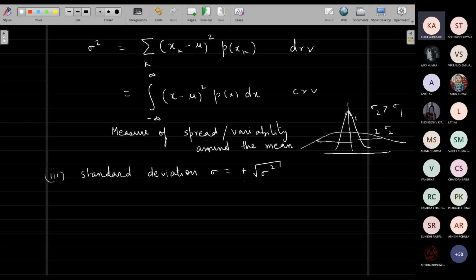So this is a rather simple concept. Sometimes you will see the books write standard deviation of a random variable. Now it is important to note that the quantities we are giving here are all parameters, or quantities which we are measuring in a probability distribution for a given random variable.